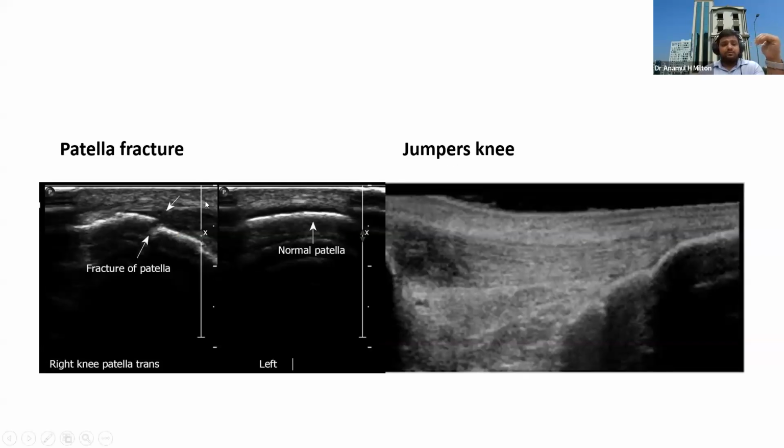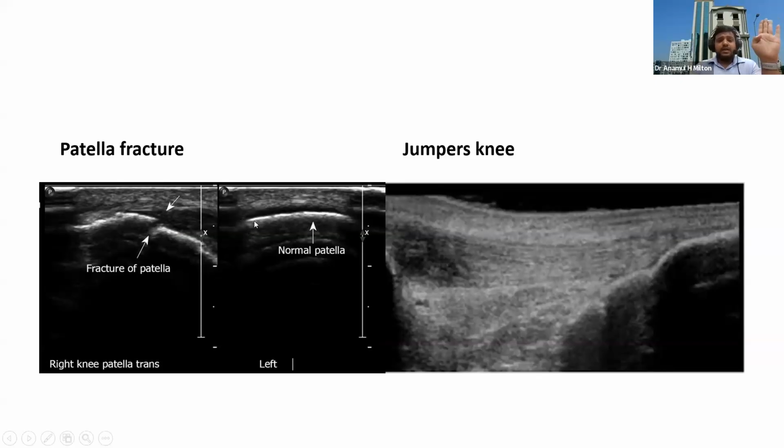Another very important part when we are scanning with ultrasound is the patellar fracture, because it is overshadowed by the posterior surface with the anterior surface. So many times we cannot see this small break under the X-ray.